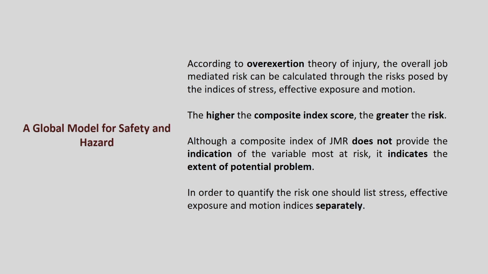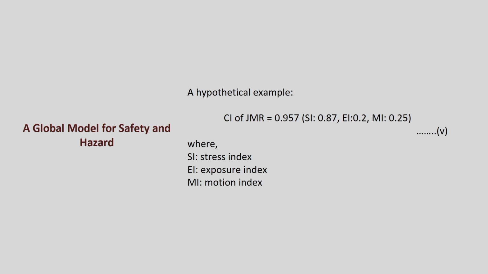The composite index of a particular JMR does not provide an indication of the variable most at risk. It only indicates the extent of the potential problem. It does not say level 3, level 4 or level 5, not like that. It only says it may have higher, lower or moderate potential. This kind of indication they give, so you need to take that into consideration.